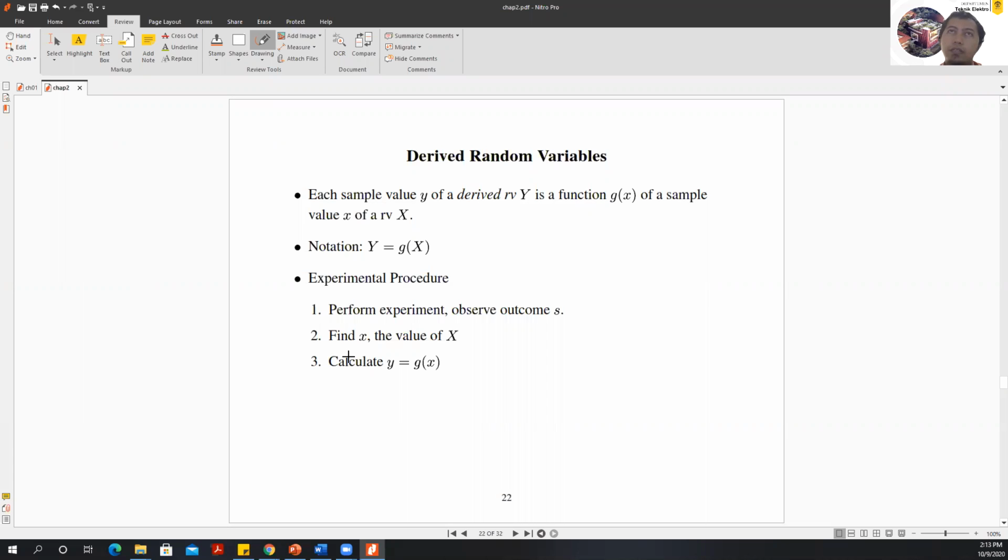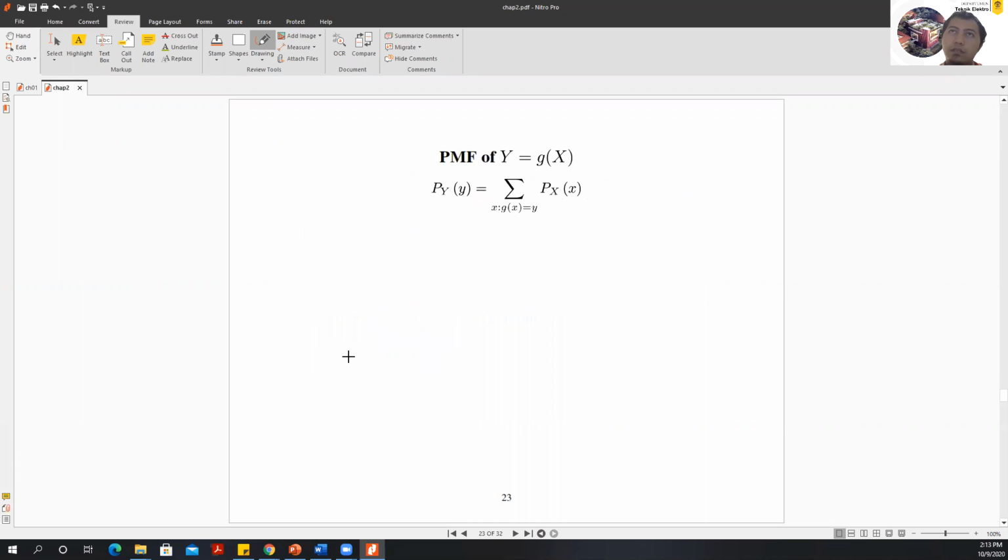Okay, this is like deriving a random variable. So the PMF of x is like this. It's a PMF for each value.